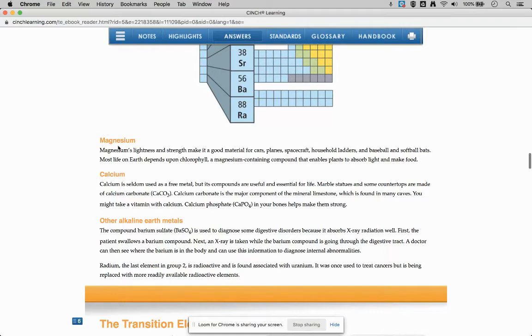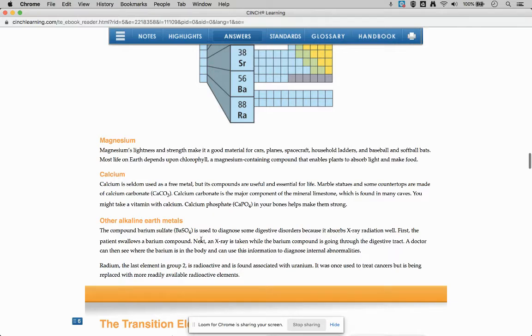And so you have things like magnesium, which are also used for like making cars and planes and spacecrafts and those kind of things. Even baseball and softball bats have some magnesium in them typically. Calcium is used, or I should say compounds of calcium are used for quite a few different things, or can be found in nature pretty readily in things like minerals, limestone, those kind of things.